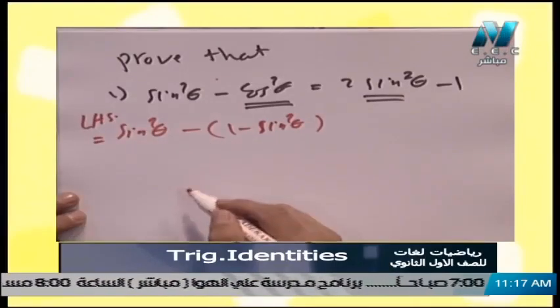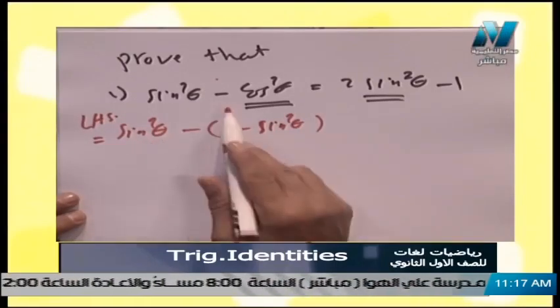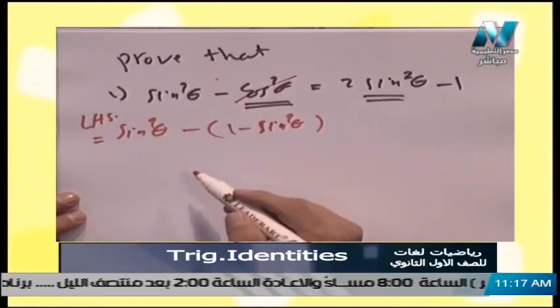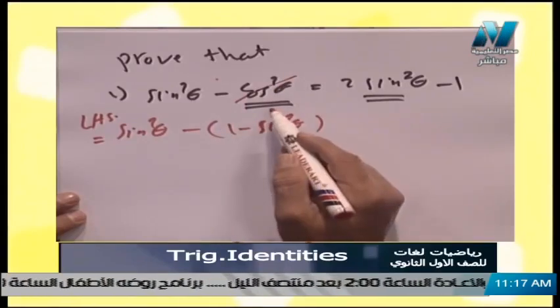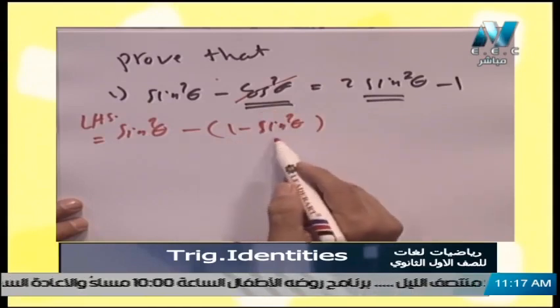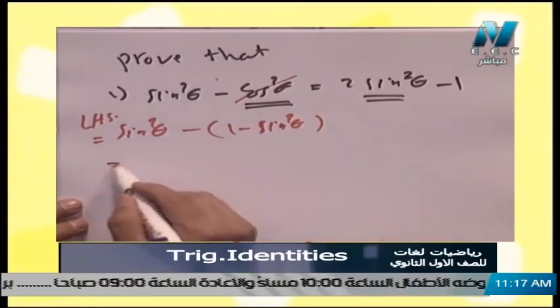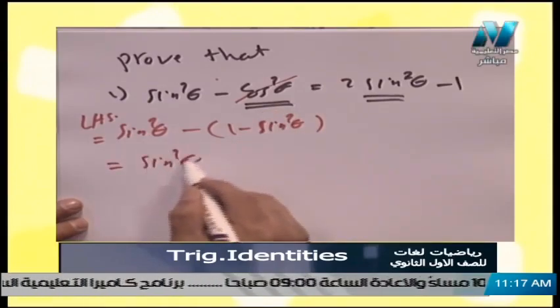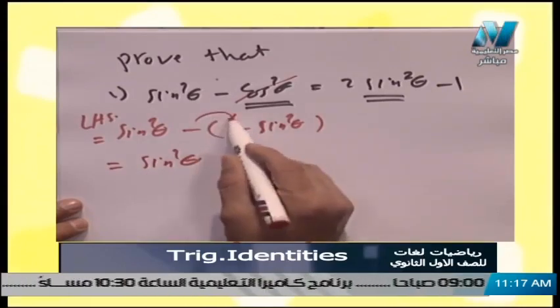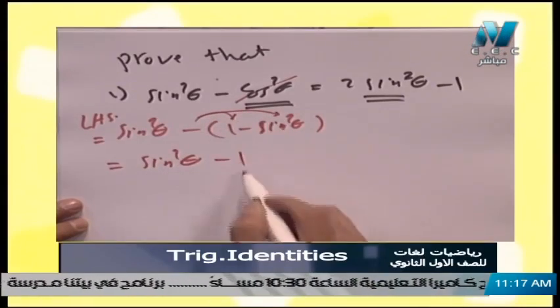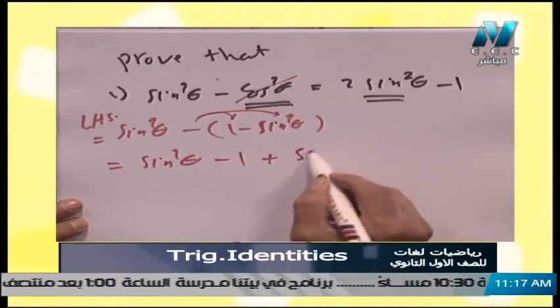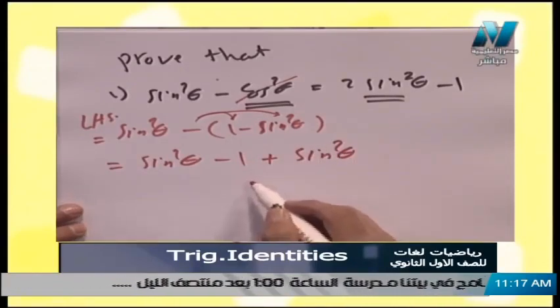Okay, this is left hand side. Left hand side: sine power 2 theta minus, we omit cosine power 2 theta and substitute instead of it 1 minus sine power 2 theta. So sine power 2 theta as it is, multiplied by this negative, will be negative 1 and plus sine power 2 theta.